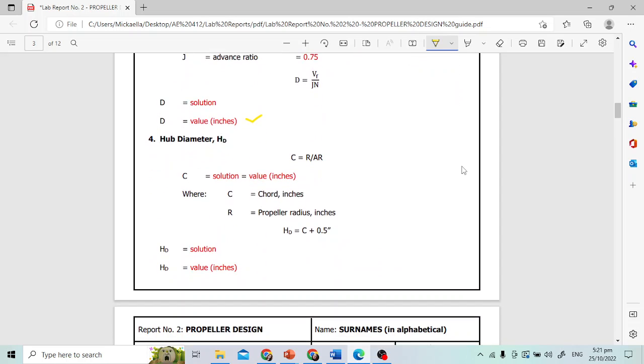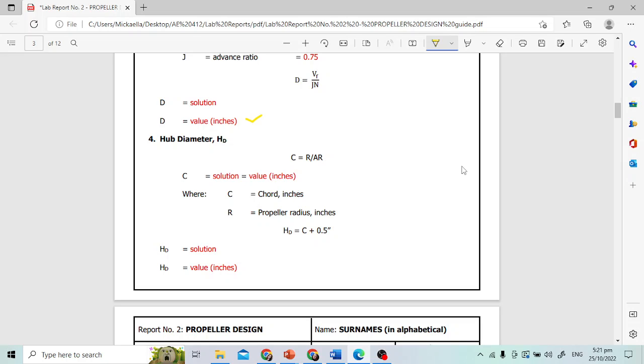Okay, so our fourth part is yung ating hub diameter. For this, you would be using C first to get yung ating hub diameter. Now, saan magsisimula yung C?